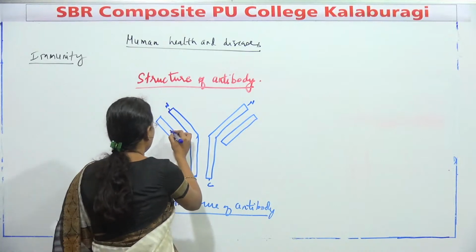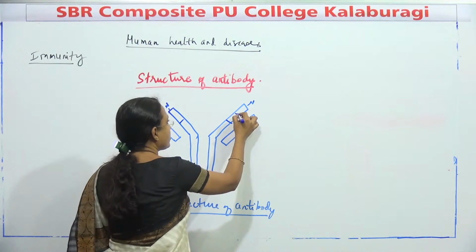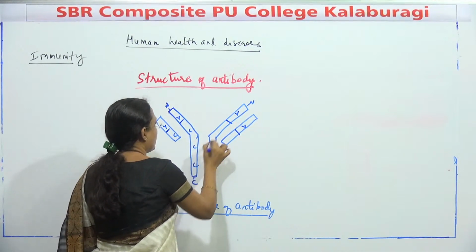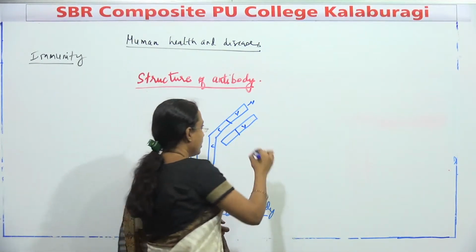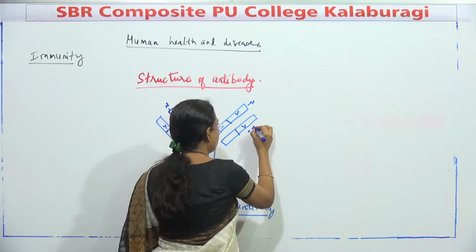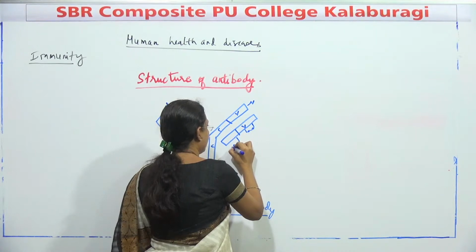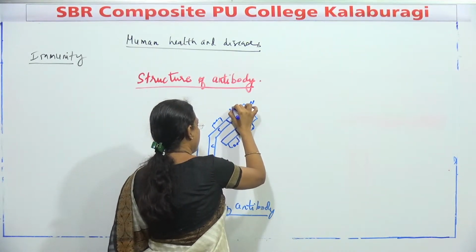Now, each antibody will have chains. It is going to have certain bonds which are very important. So these bonds will maintain the structure also.